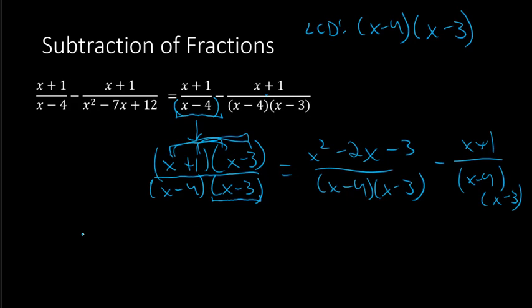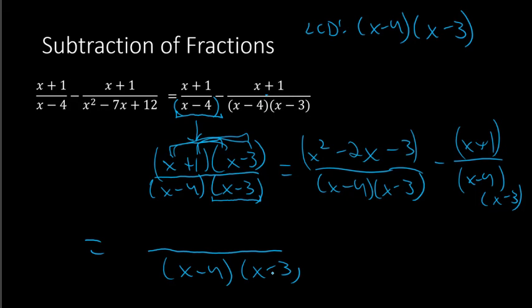Alright, so then what we can do is combine into one fraction. So we have x squared minus 2x minus 3 minus the x and minus the 1. So the denominator would stay the same, x minus 4 times x minus 3. The numerator, we have x squared, and then we have negative 2x minus x, which gives you negative 3x. And then we have negative 3 minus 1, which is negative 4.